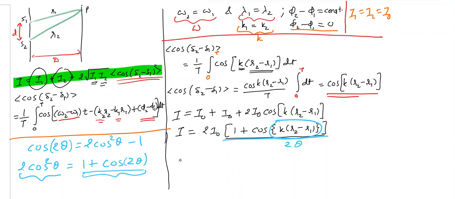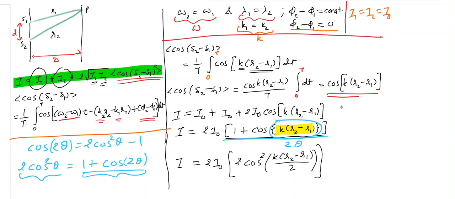So applying this formula, I get I to be 2 I0 times 2 cos squared. Remember, this term is 2 theta. I want cos squared theta, so I'll take k (r2 minus r1) by 2.